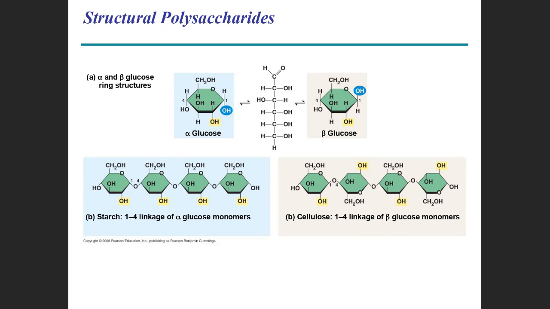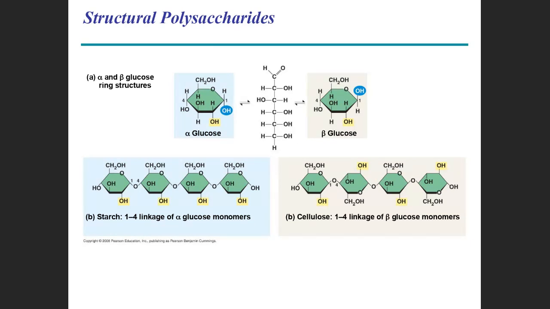And so glucose can actually exist in two forms. And we call these two forms isomers. So exact same chemical formula. It is the same substance. It just has two different three-dimensional conformations. And so one of them is the alpha form, the alpha isomer, and the other one is the beta isomer.